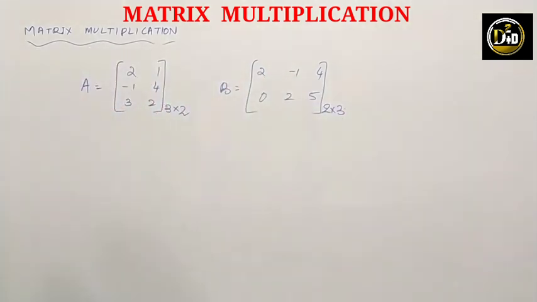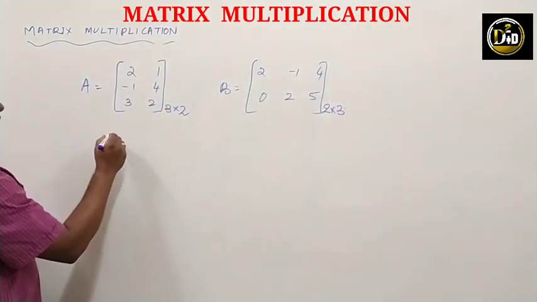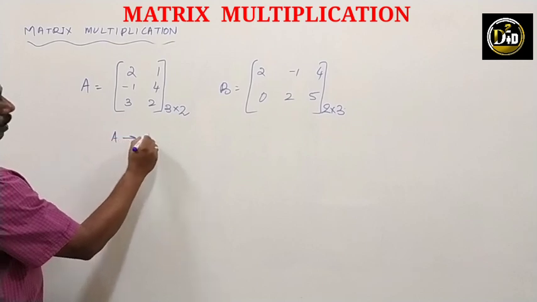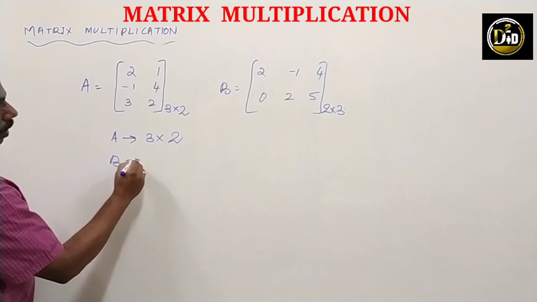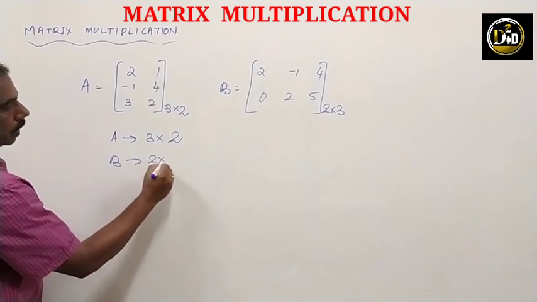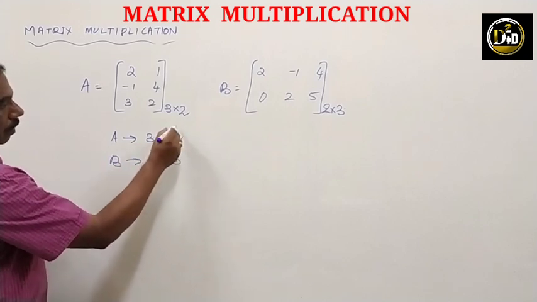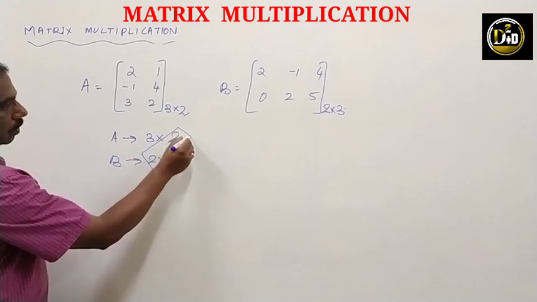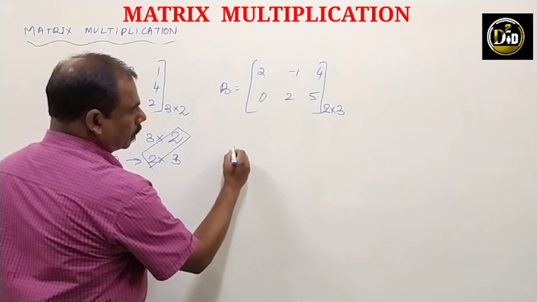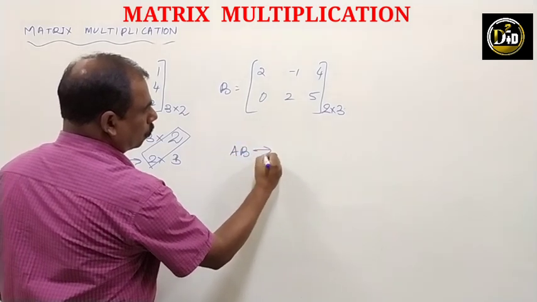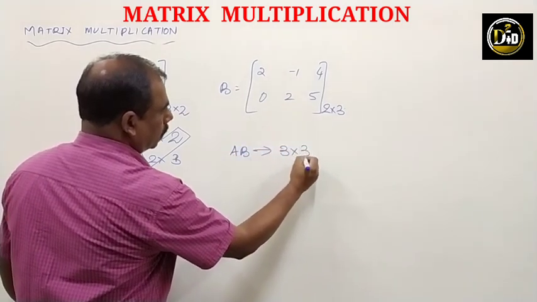Let us see whether the multiplication is defined or not. A is of order 3 by 2 and B is of order 2 by 3. We see that these two numbers are equal. The resultant matrix AB is of order 3 by 3.